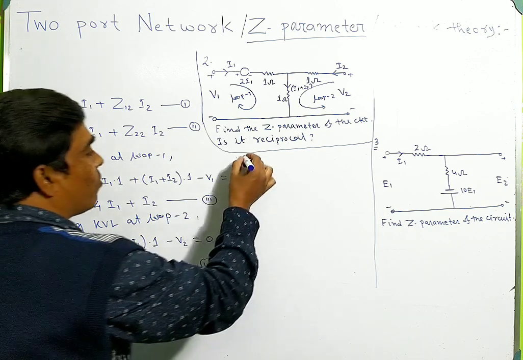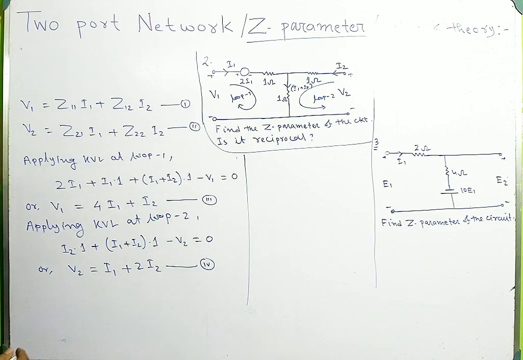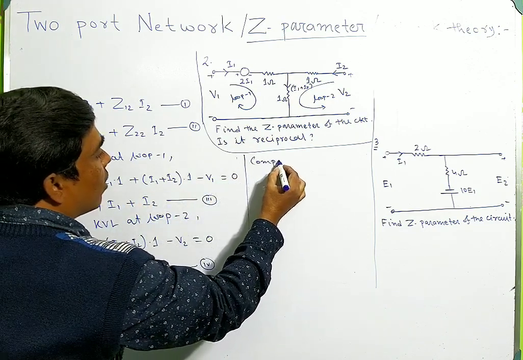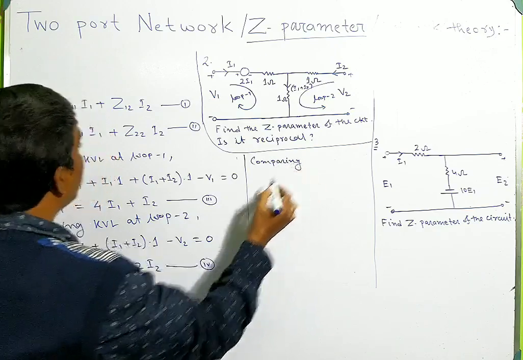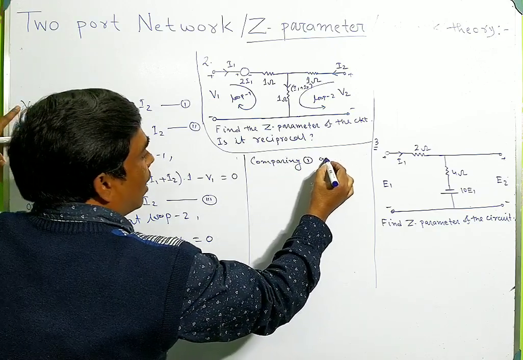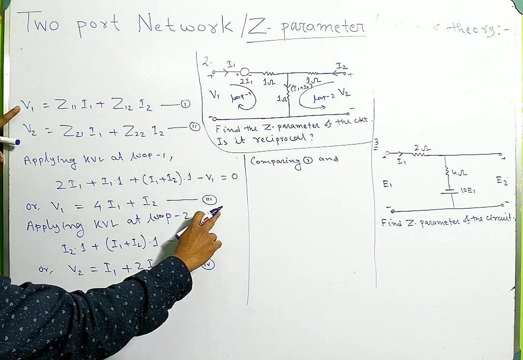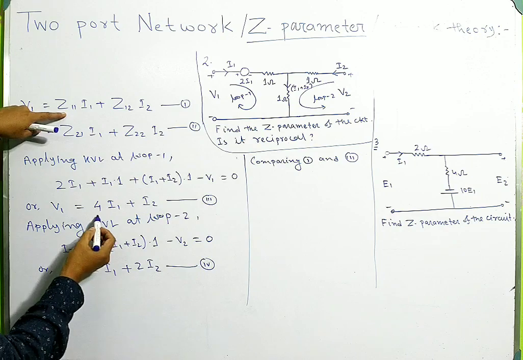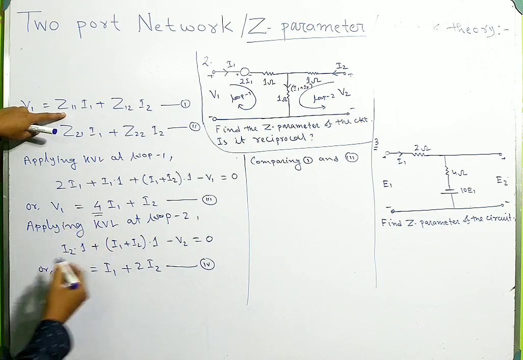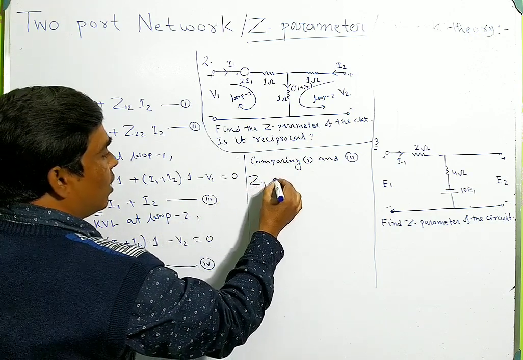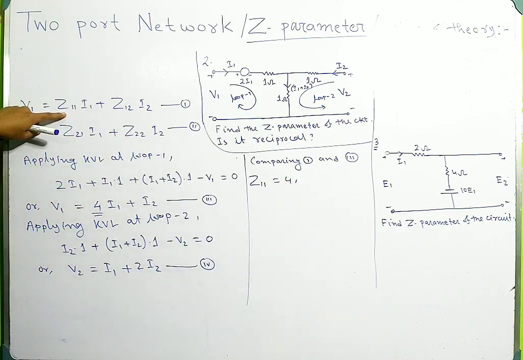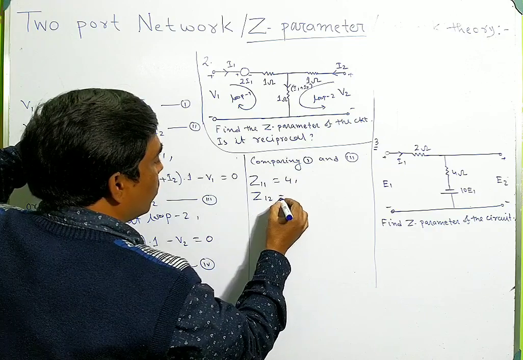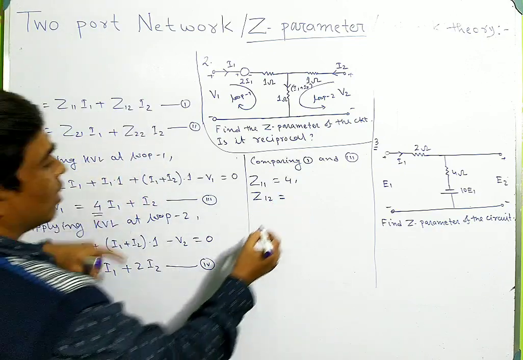Now you can compare these two equations. Comparing 1 and 3, you will get Z11 is given by 4 and Z12 is given by 1.